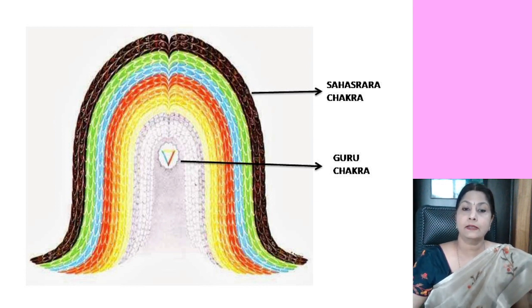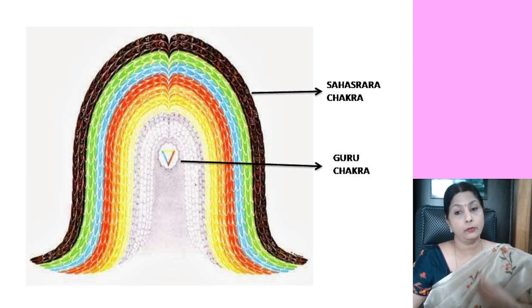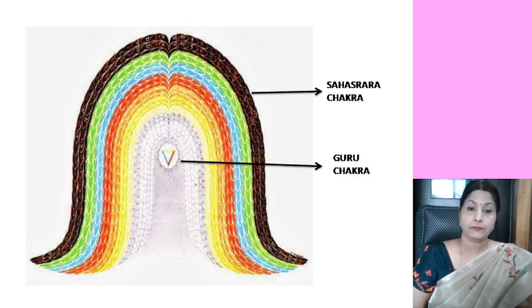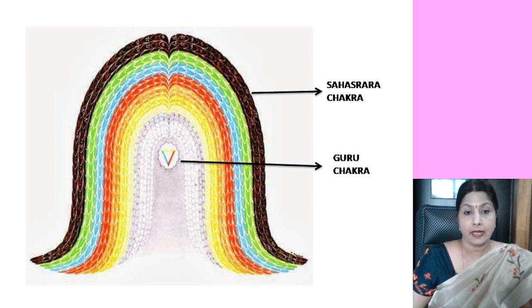This Guru is nothing but Paramashiva in form. The power of Paramashiva lies latently within the Guru, and the Guru is capable of guiding the person towards the Nirvikalpa Samadhi state.